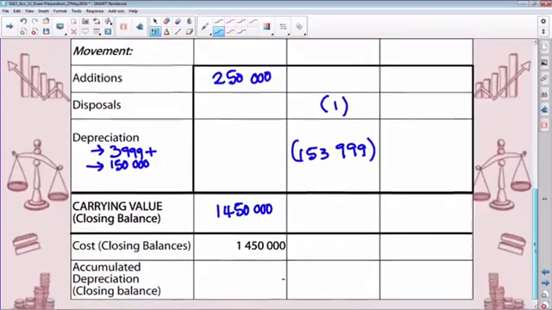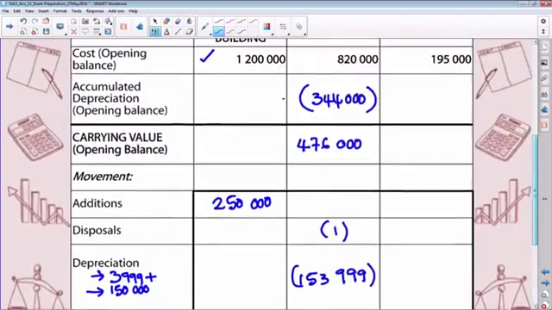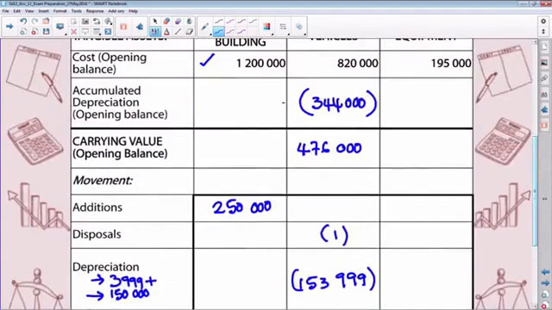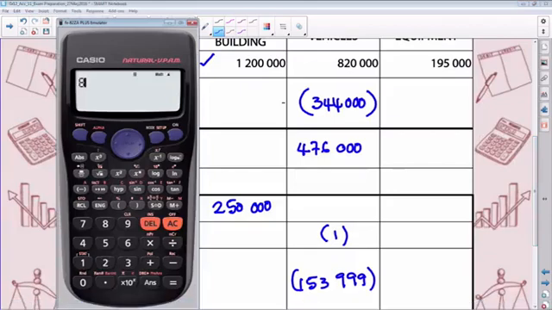Welcome back, accounting boffins. Yes, now remember, you need to complete the bottom part of your note. So you start off with your cost price. Your cost price was the 820,000, you recall. So let's get the cost price of 820,000 onto our calculators, minus the 70,000 that you disposed of to give you a value of 750,000.